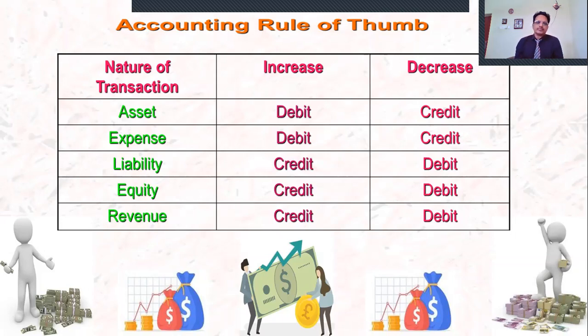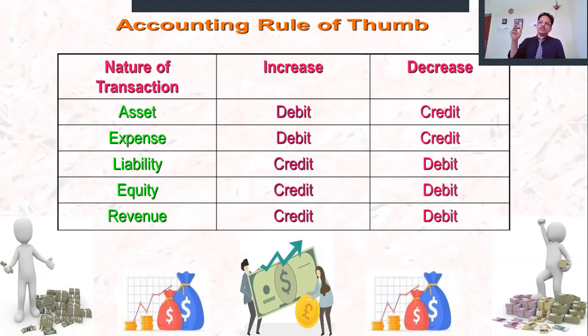One is the modern approach. We have five groups: assets, expenses, liabilities, equity, and revenue. Out of this, for assets and expenses, increase means debit, decrease means credit.